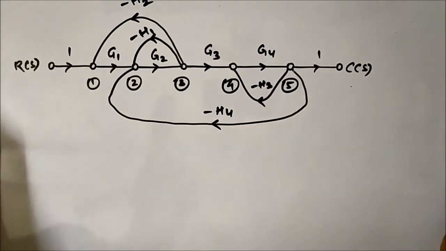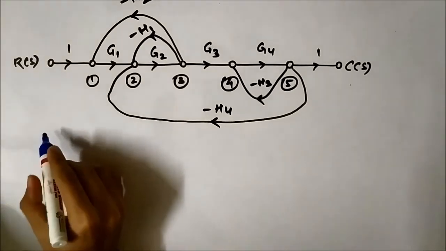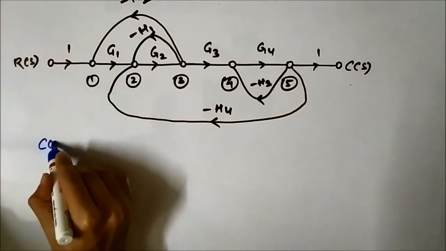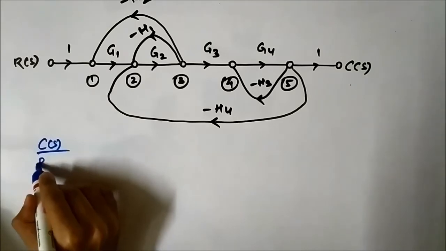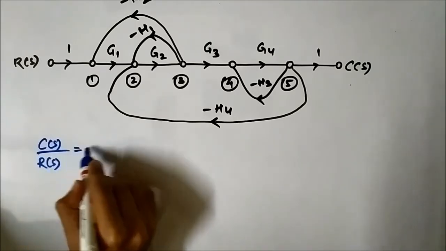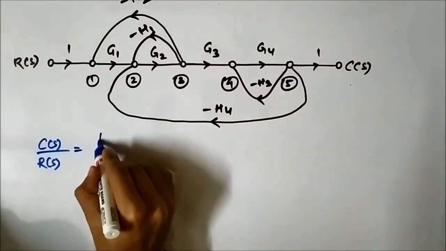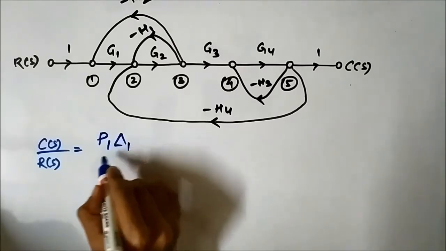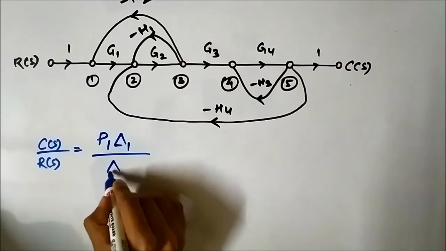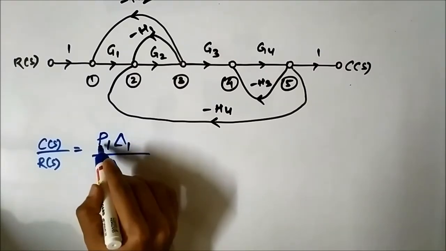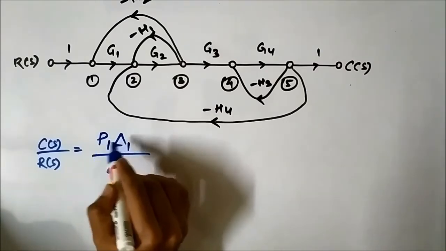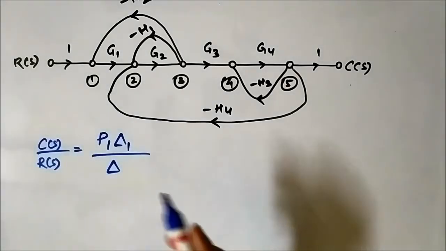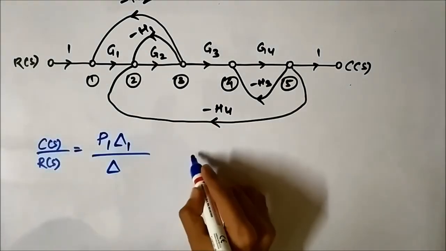As per Mason's gain formula, the transfer function is given by, as per this signal flow graph, there is only one forward path, so it will be P1 delta 1 by delta. This is forward path number 1, it is the path factor of that forward path, and this is the graph determinant. So what is the graph determinant?